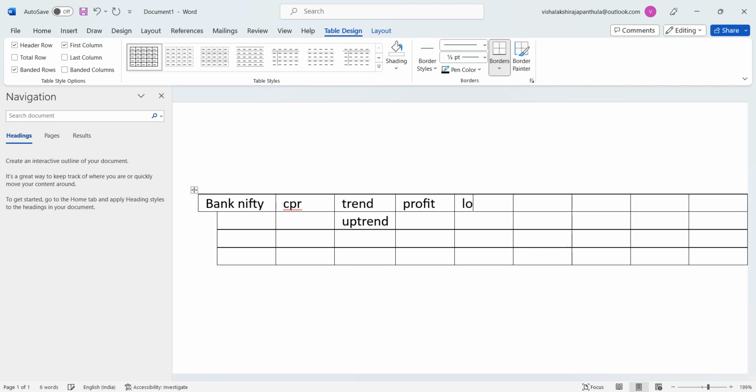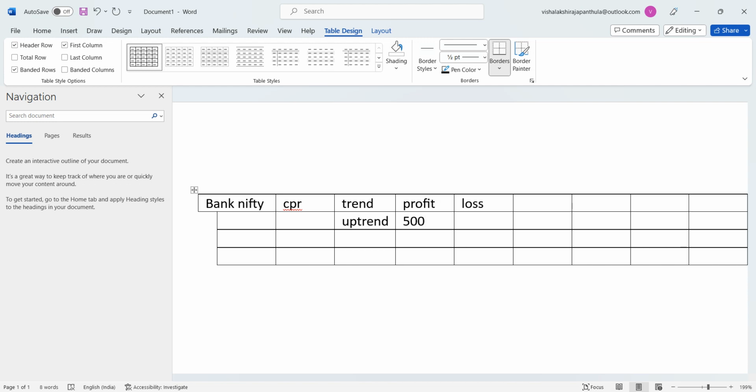Profit and loss. Okay, here we are having 5% profit. If you're having 1% loss, in the sense you are going to get 500 rupees loss. 1% in the sense one lot. I am explaining this with one lot only.